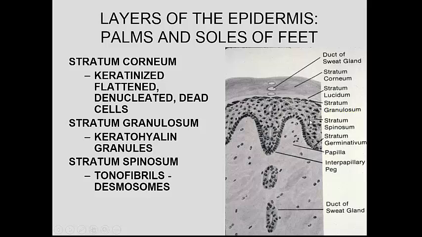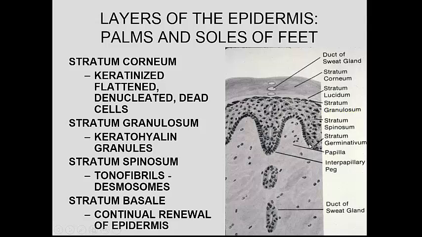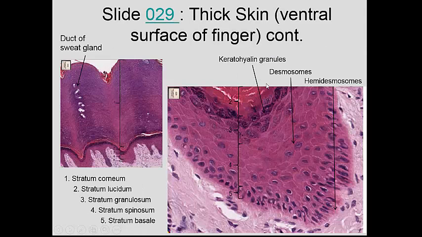It's really desmosomal connections that hold the cells together, and they interact with the tonofilaments, or the intermediate filaments. And then the very bottom layer is the stratum germinativum or stratum basale, and that's the source of mitotic activity that then differentiates and moves to the surface and ultimately is sloughed off.